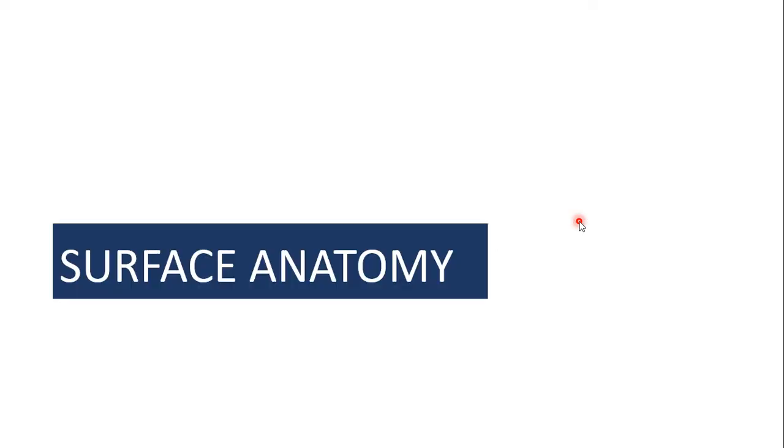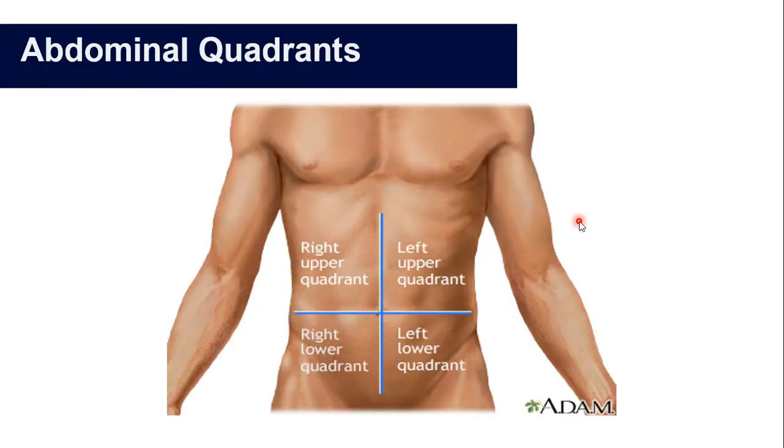Next, we have the surface anatomy. What we're going to talk about are the abdominal quadrants and then the abdominal regions. For the abdominal quadrants, as the name itself tells us, it has four divisions. We have your right upper quadrant, the left upper quadrant, the right lower quadrant, and then the left lower quadrant.